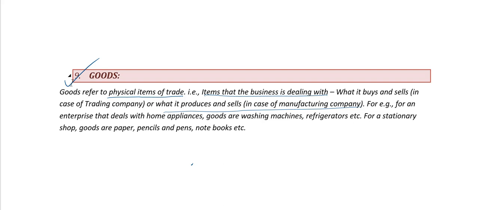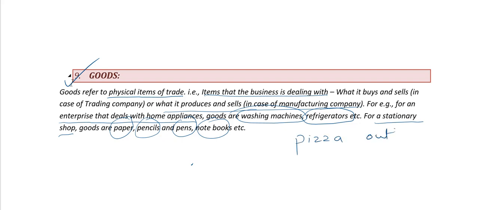Let's say, for example, an enterprise that deals with home appliances. Goods are washing machines, refrigerators, etc. In the case of a stationery shop, goods are paper, pencils, pens, notebooks, etc. Let's say there's a pizza outlet near your house.